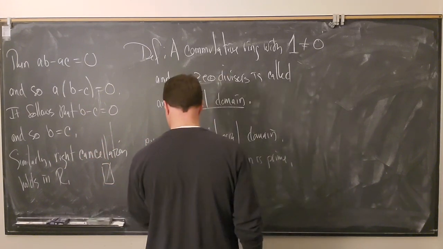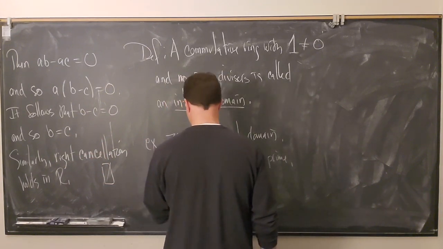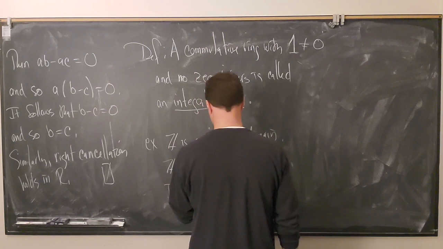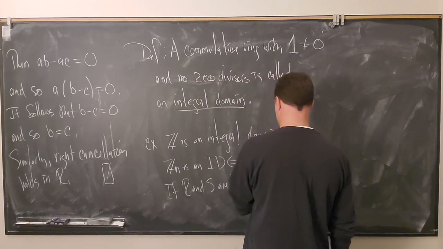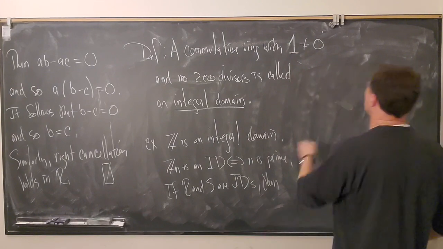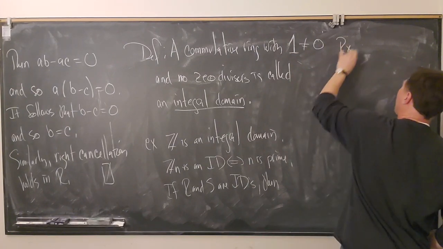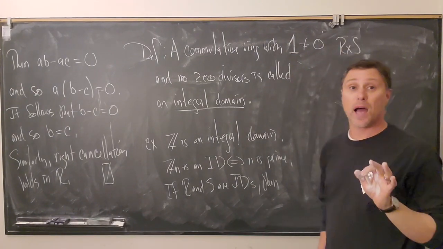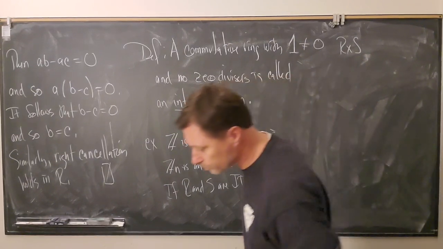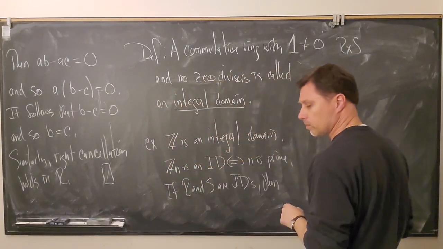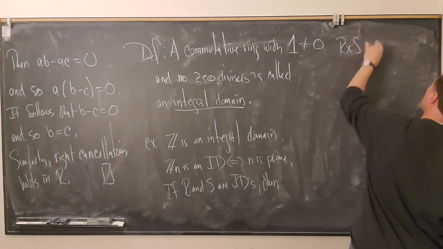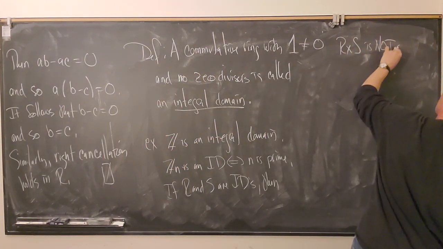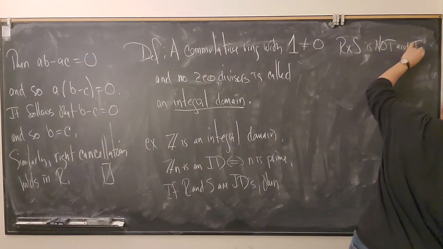If R and S are integral domains, then the direct product R cross S is definitely not an integral domain.